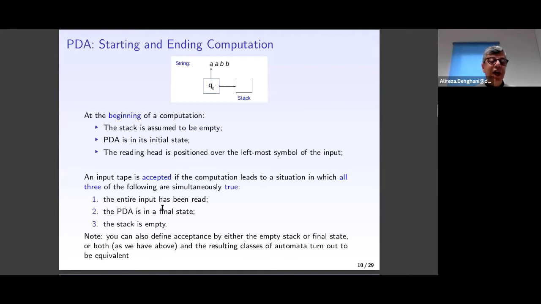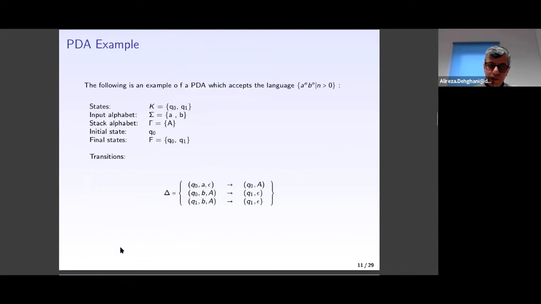Like I said, we can have more than one final state here, very similar to FA, and the stack is empty. Now note, you can also define acceptance by either the empty stack or final state or both, and the resulting classes of automata turn out to be equivalent. So that's a very good thing to consider also.